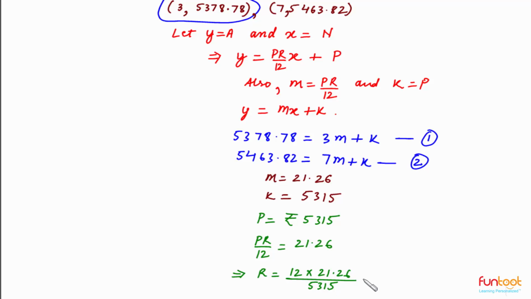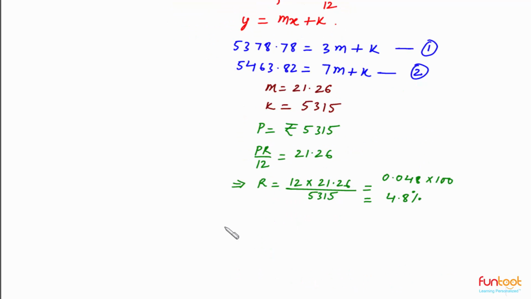So this will come as 0.048, and when this is multiplied with 100, this gives 4.8%. So this is the rate R.